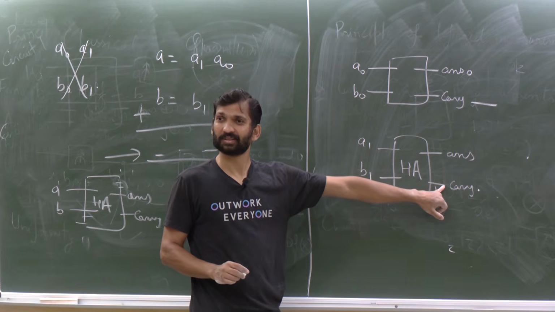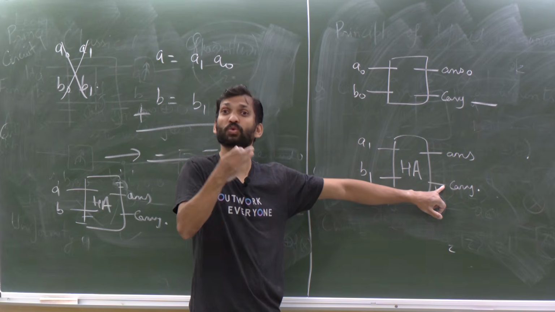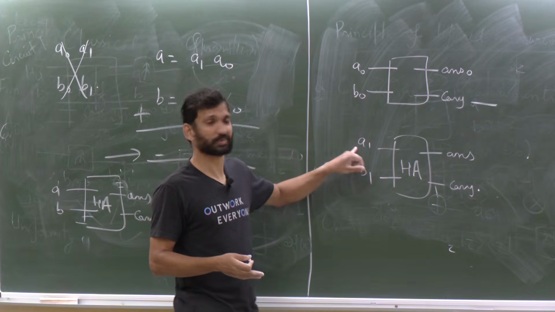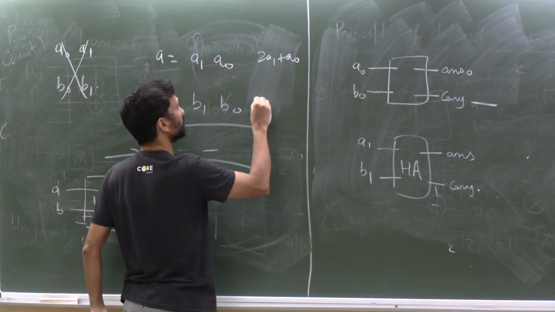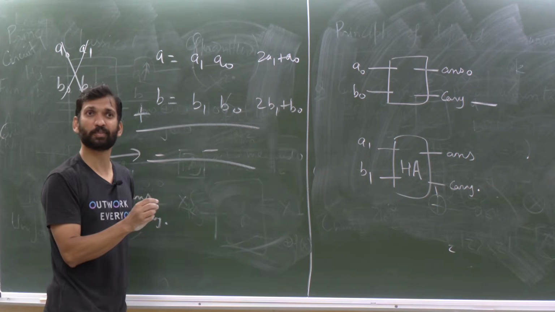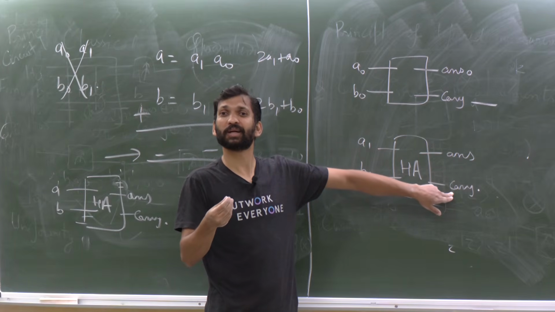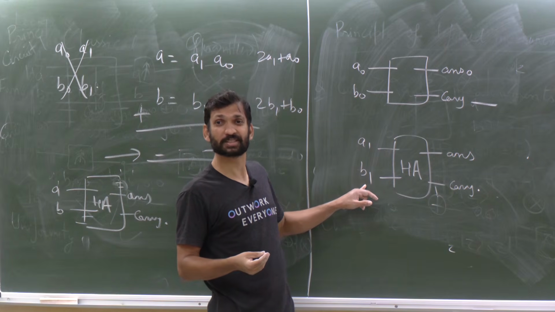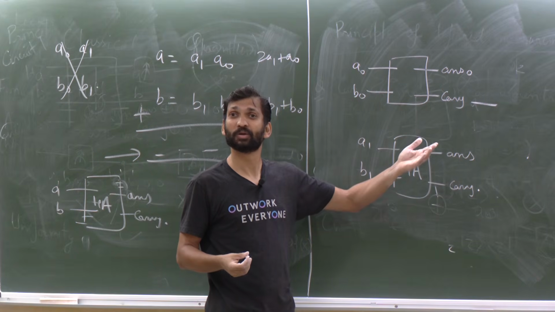The carry here is the coefficient of 4, which is 2 squared. If you look at this number, this is 2A1 plus A0. This is 2B1 plus B0, right? So this bit is actually multiplying by 4. Both of these were in some sense multiplied by 2. The carry here is multiplied by 4.